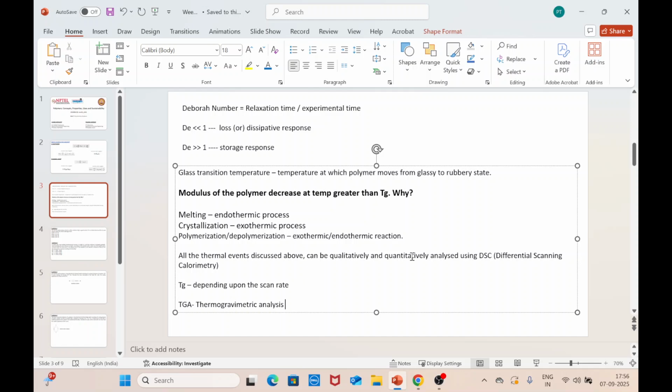So both of these techniques require an experimental setup. However, the amount of sample that is required in both these cases is very small. These two thermal techniques are complementary to each other because they provide information about the different types of chemical as well as physical changes that can happen in the material as a function of temperature.